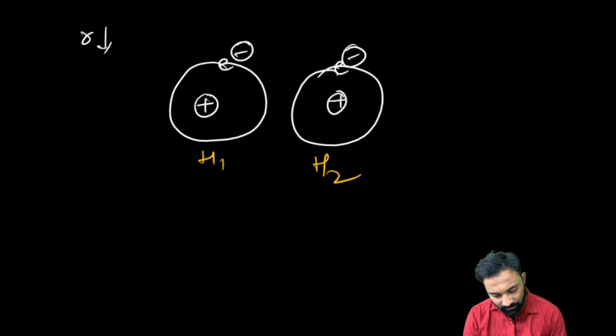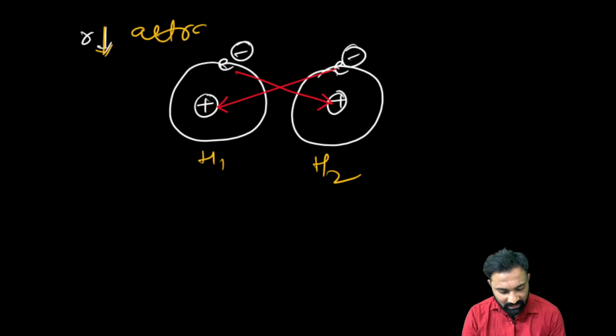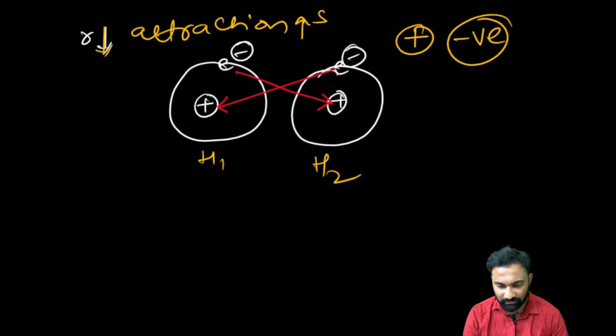The H2 atom electron will attract the H1 atom nucleus, and the H1 atom electron will attract the H2 atom nucleus. Clear? If the radius decreases, attraction increases, due to the positive charge and the negative charge.